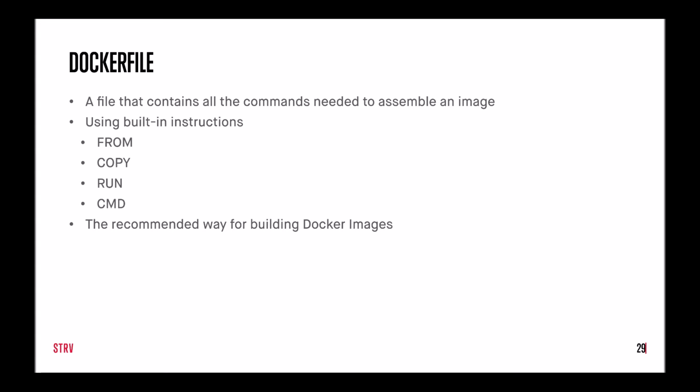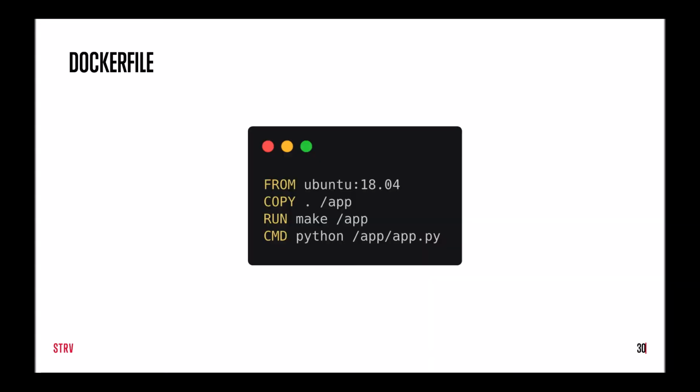The Dockerfile is the recommended way for building Docker images. So here's a super simple Dockerfile. In this sample, we are starting from Ubuntu version 18. We copy the content of the current folder, the folder where the Dockerfile is placed, to a folder called app in the container.